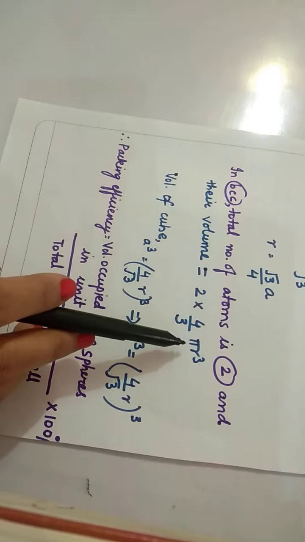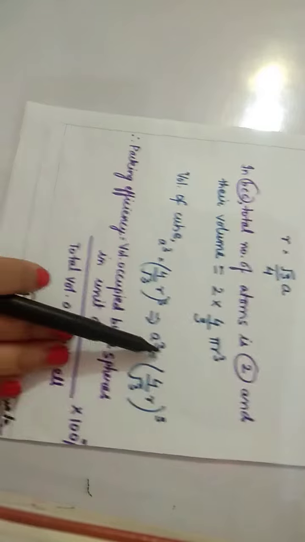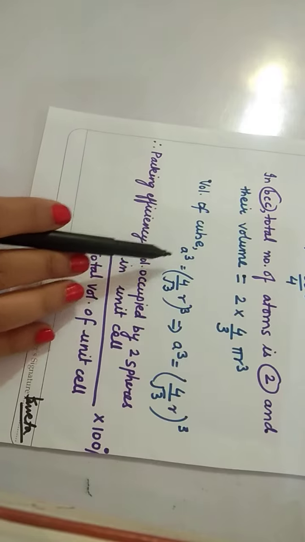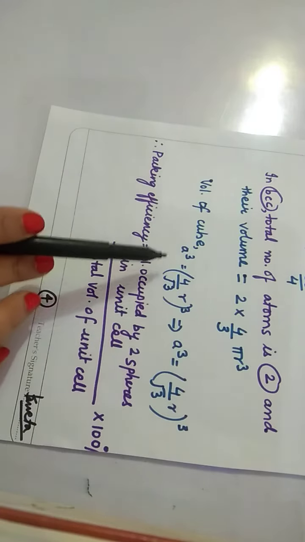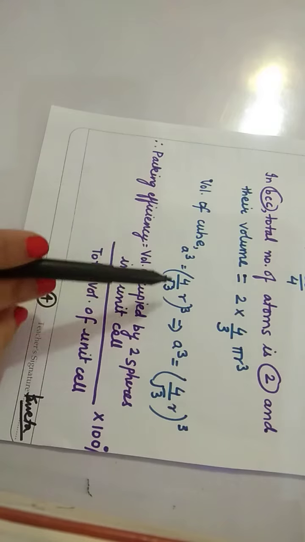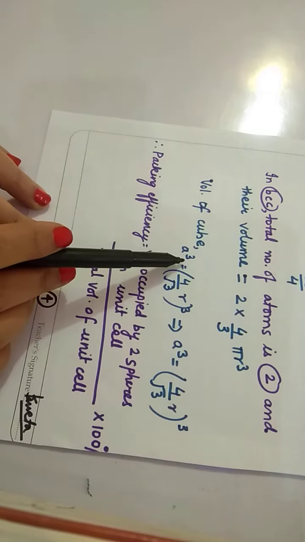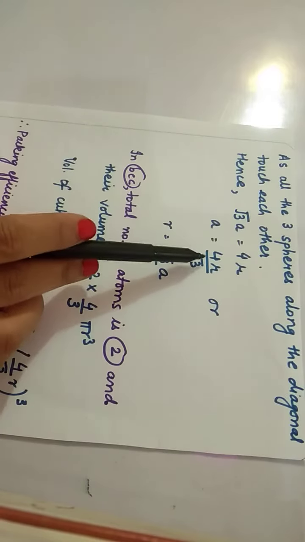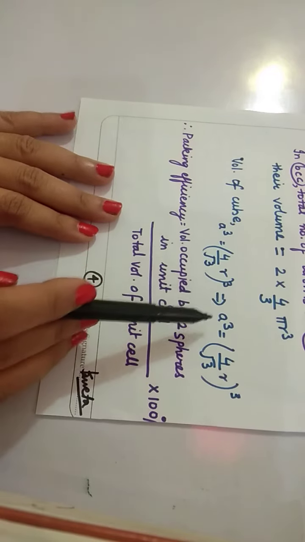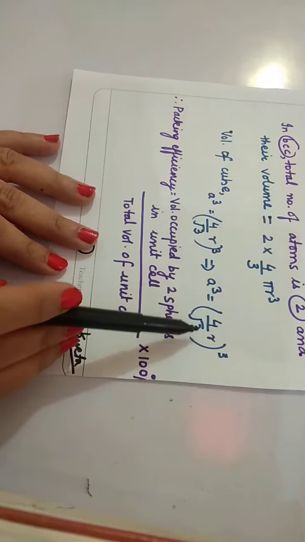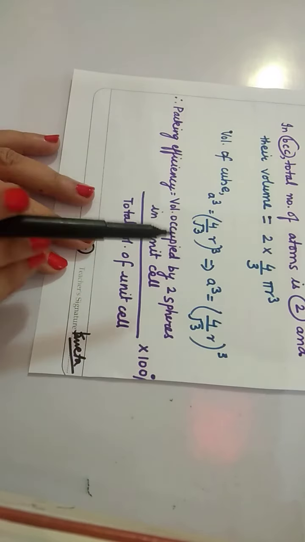And what is the volume of cube? As this structure is a cube, the volume of cube is equals to A cube, and the value of A is coming out to be 4R upon root 3. So A cube is equals to 4R upon root 3 whole cube.